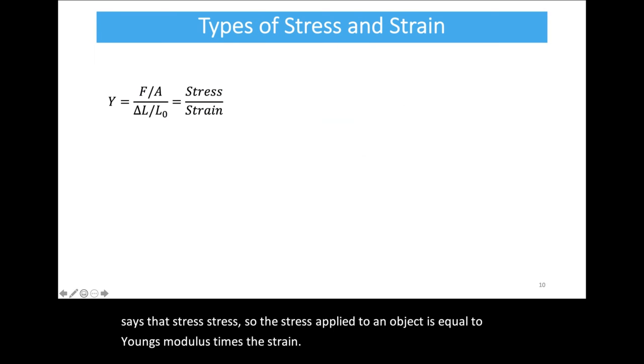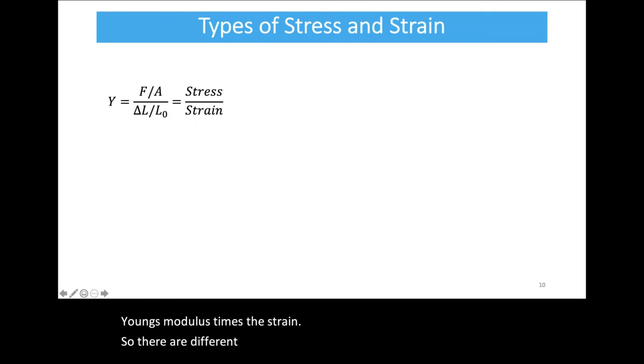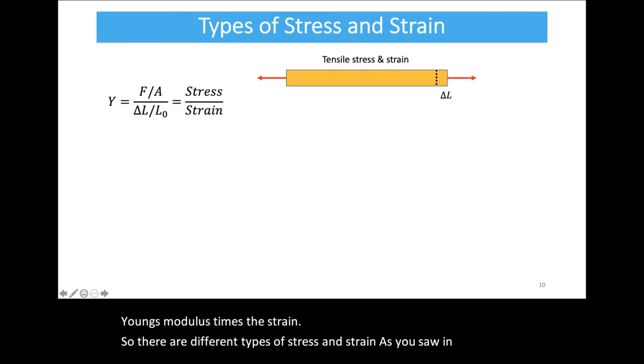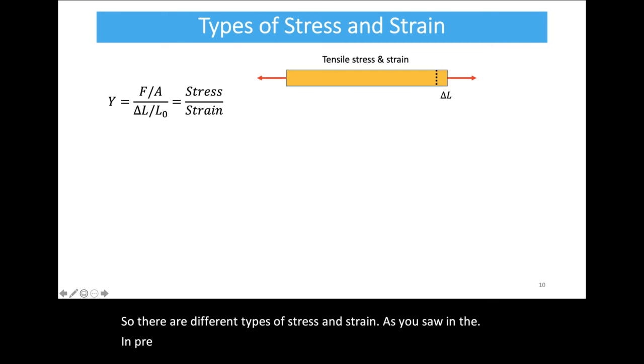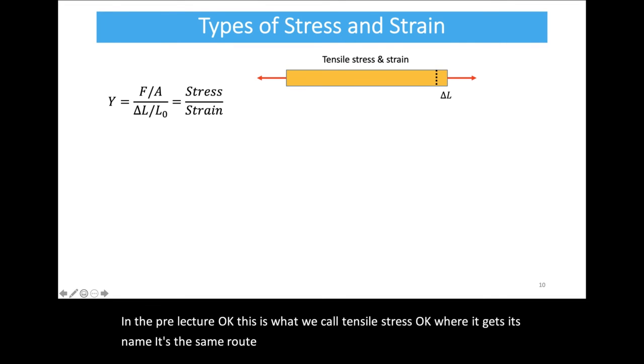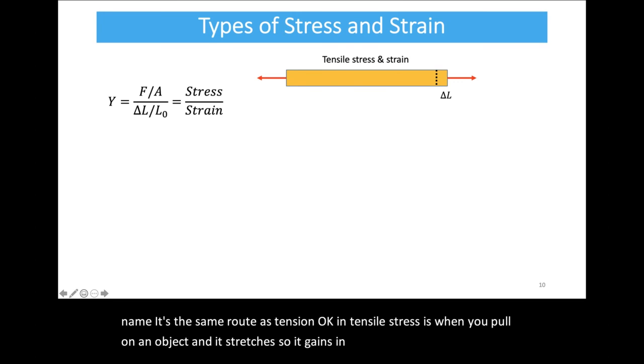There are different types of stress and strain, as you saw in the pre-lecture. There's what we call tensile stress, which gets its name from the same root as tension. Tensile stress is when you pull on an object and it stretches, so it gains in length.